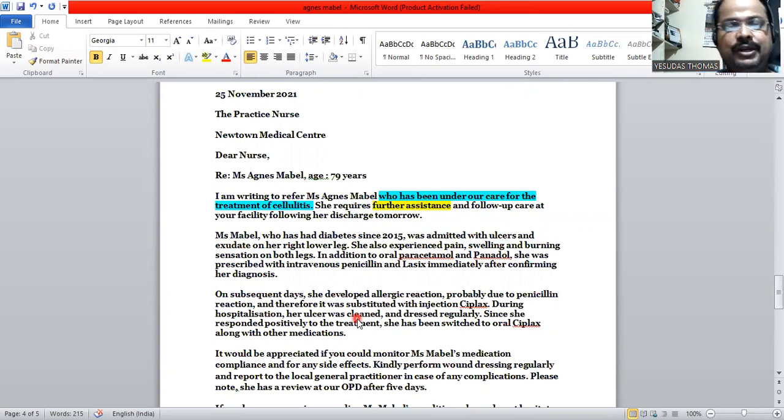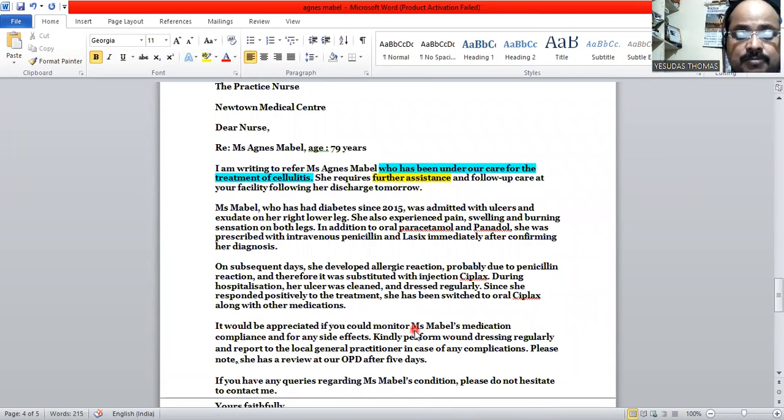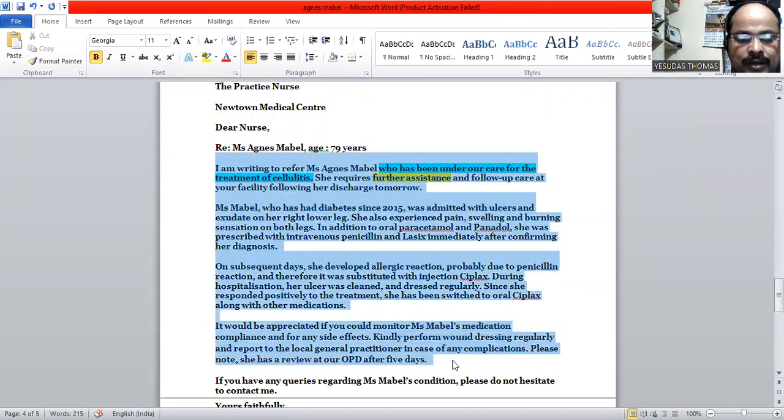Now, it would be appreciated if you could monitor Ms. Mabel's medication compliance and for any side effects. Kindly perform own dressing regularly and report to the local general practitioner in case of any complications. That's it. Please note she has a review at our OPD after 5 days. So that's also there. Now we have almost finished our letter.